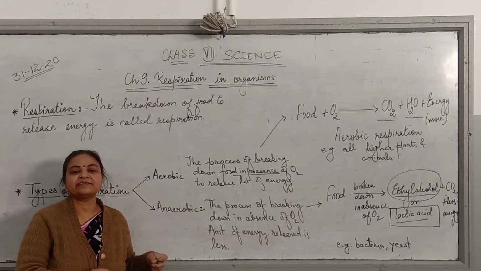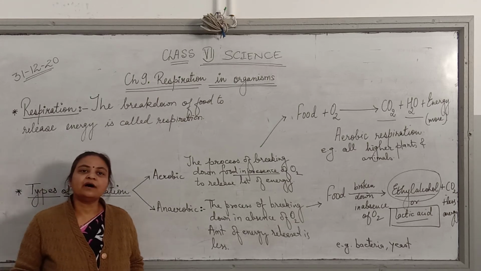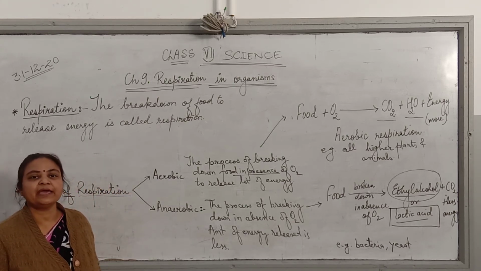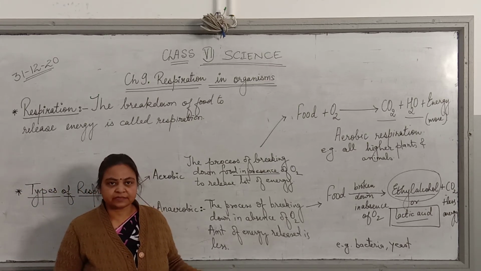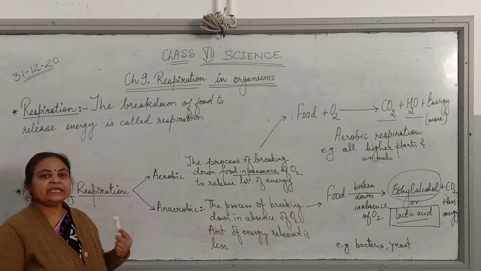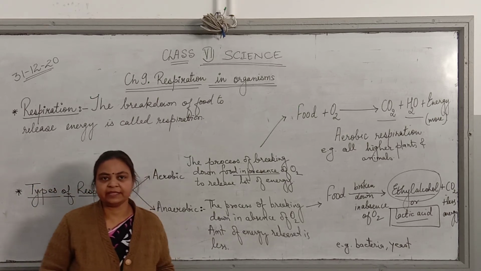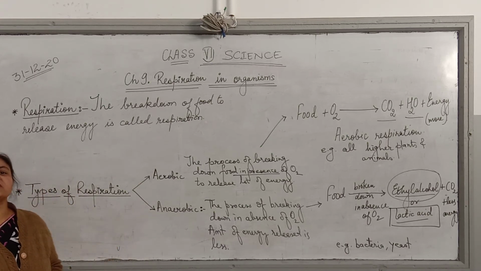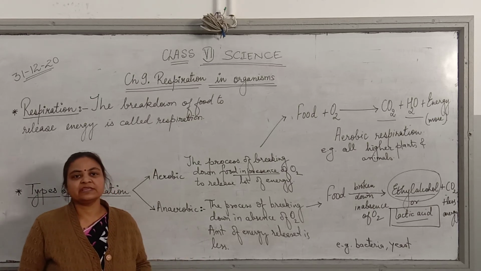Now how to get rid of these cramps? First of all, we need to increase the blood supply. We can do it by massaging or using a hot water bath. That will increase the blood circulation in that area, and as blood circulation increases, the amount of oxygen will also reach there.